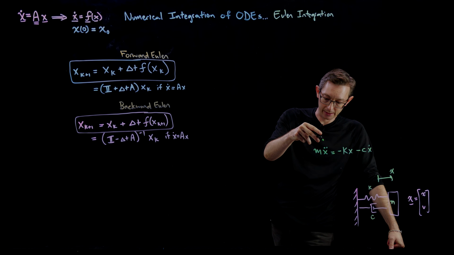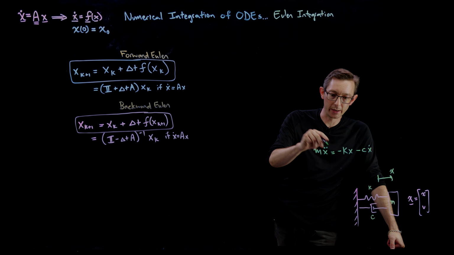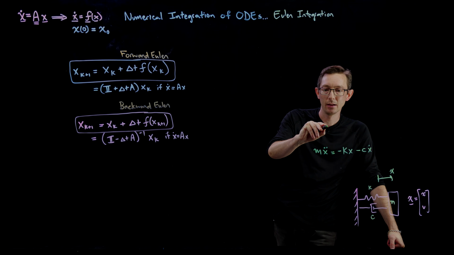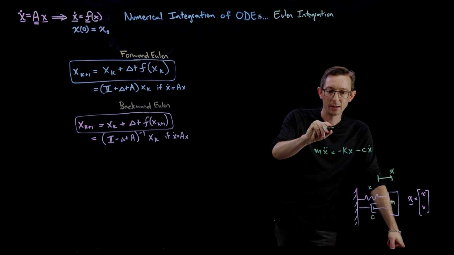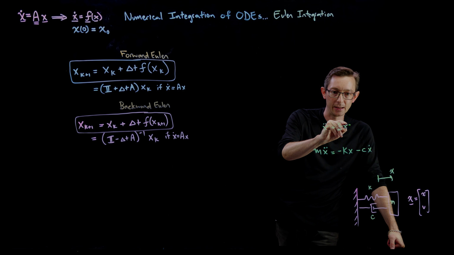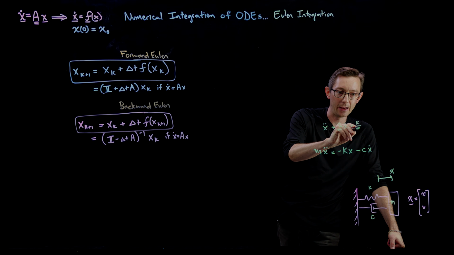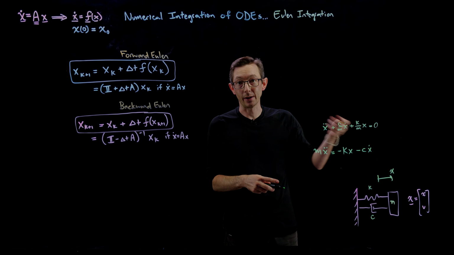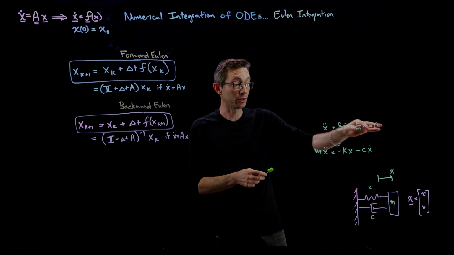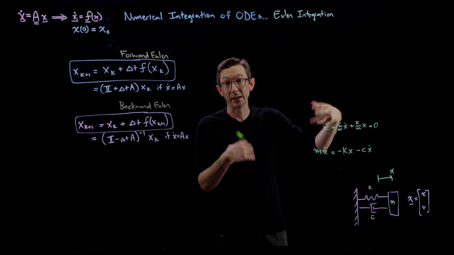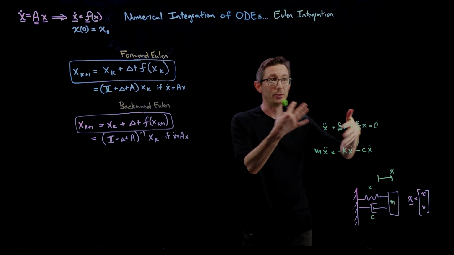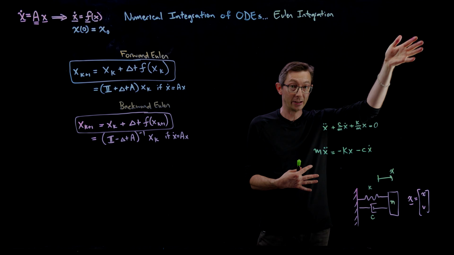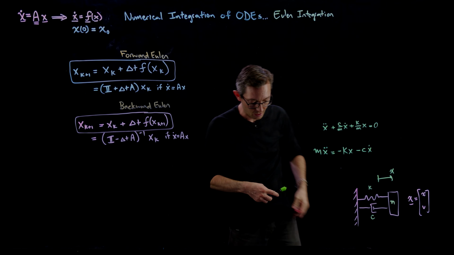If you like, we can move all of these over to one side and divide by m, and we get x double dot plus c over m x dot plus k over m x equals 0. This is the normal form that we're used to writing higher order differential equations in, because from this you could read off the characteristic equation, compute the eigenvalues and e to the lambda t's, and solve the system.